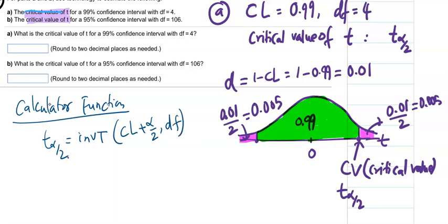So this is what you use in the calculator. This is the left area from this point here. This point is the critical value. The left area from this critical value is going to be CL plus alpha over 2. Notice that this is the left area.